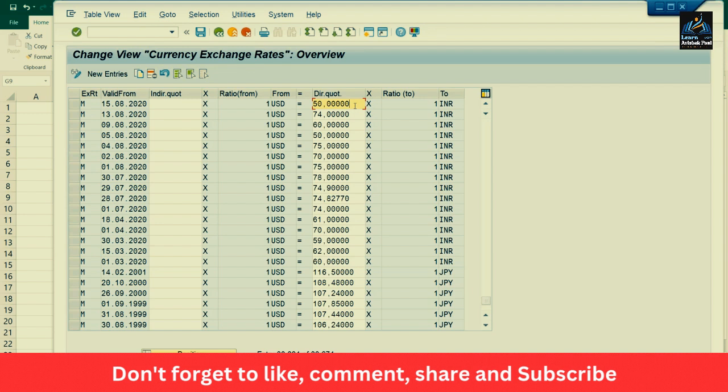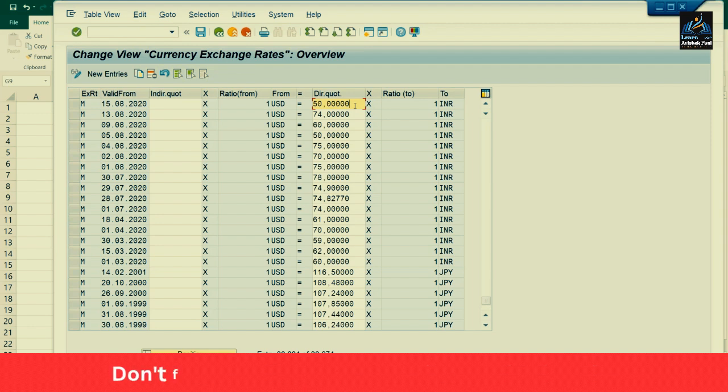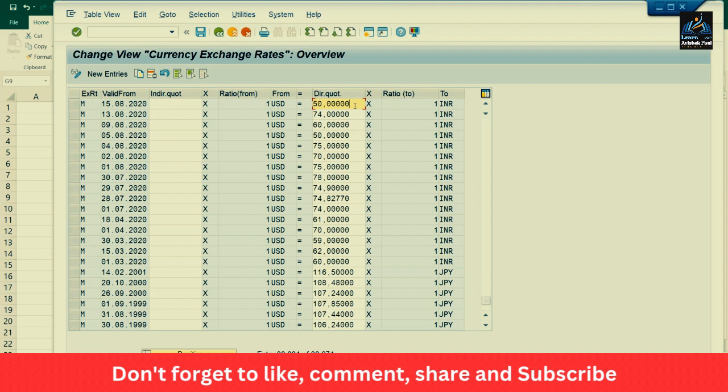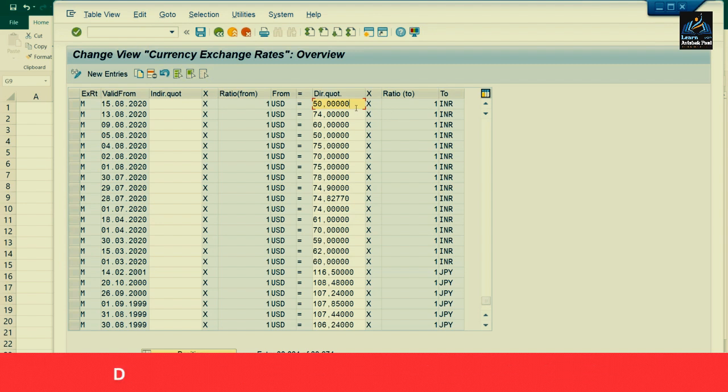In that case, if I say 1 euro equals, let's suppose, 60 Indian currency, easily we are able to understand. 1 USD equals 50 Indian currency, easily we are able to understand. So whenever our local currency value is smaller than the foreign currency, generally we maintain the rate under direct quotation. Now take an example.